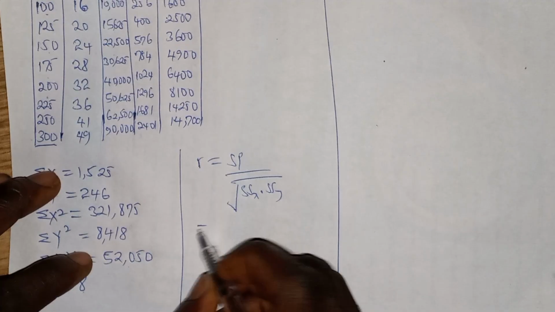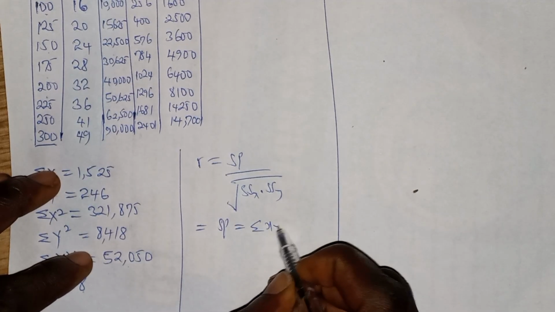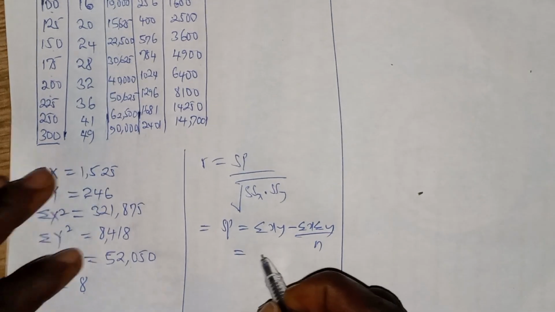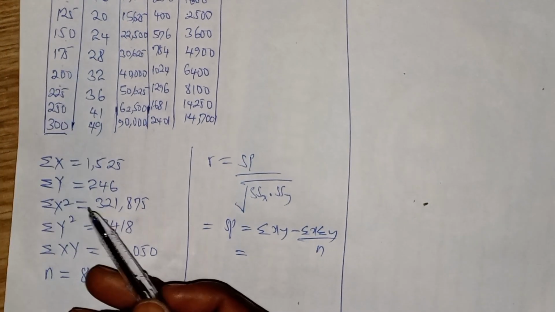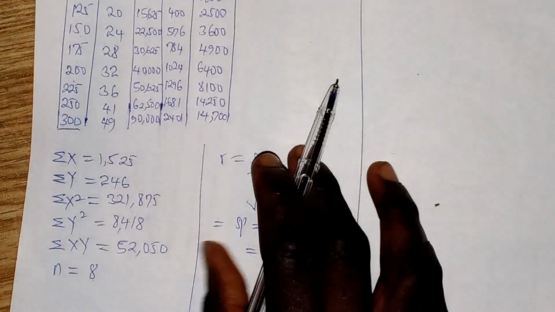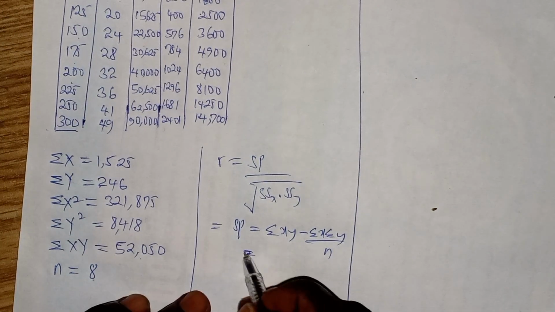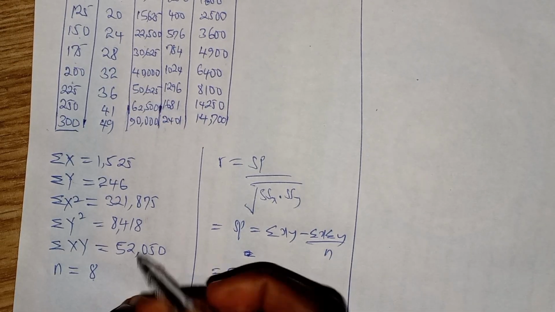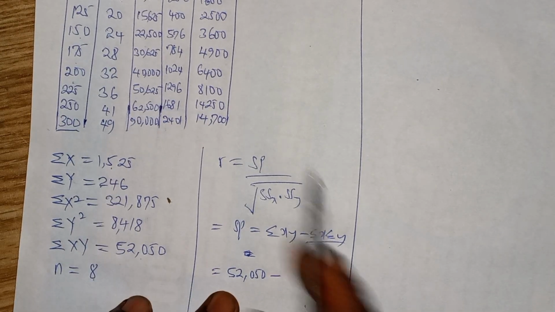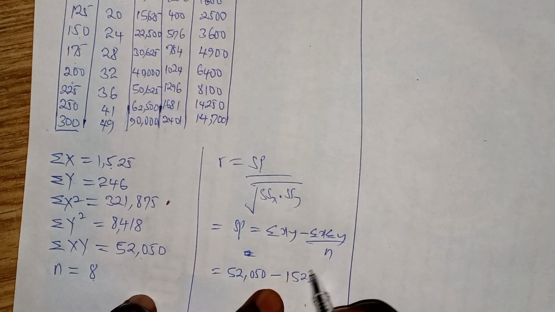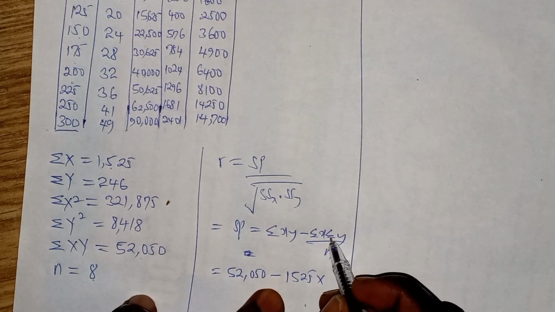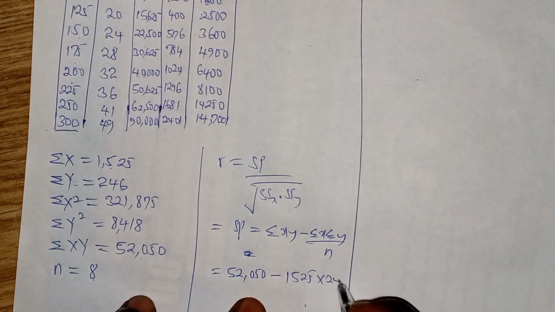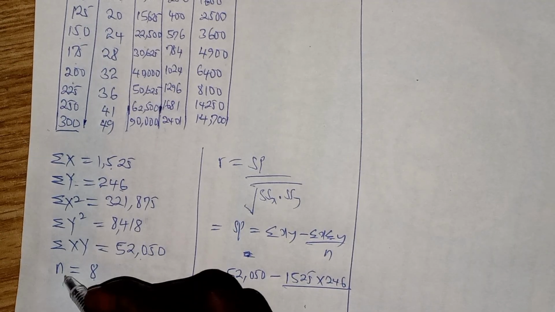And what is SP? It is summation XY minus summation X times summation Y all over N. Now summation XY is 52,050, minus summation X, 1,525, times summation Y, 246, all over N.